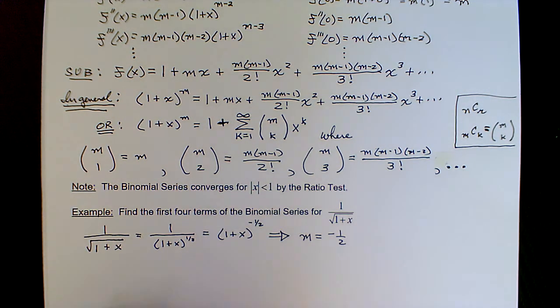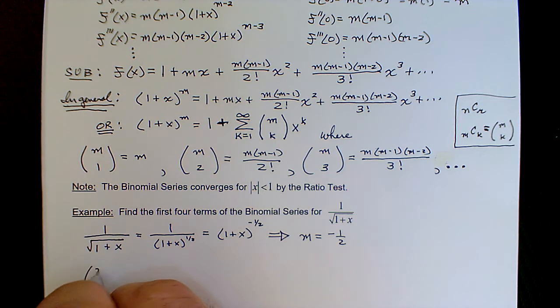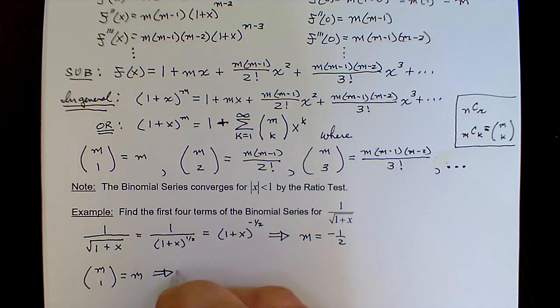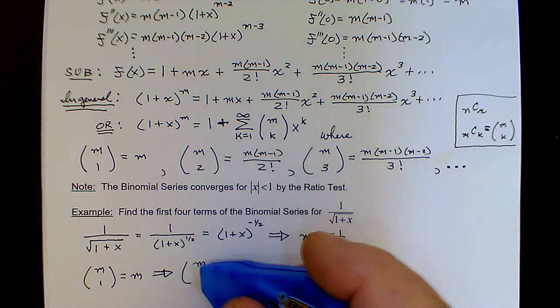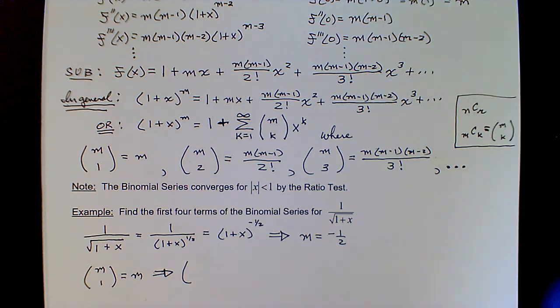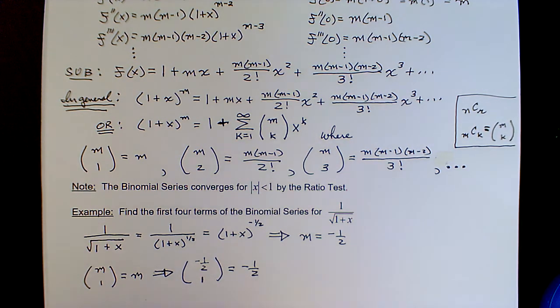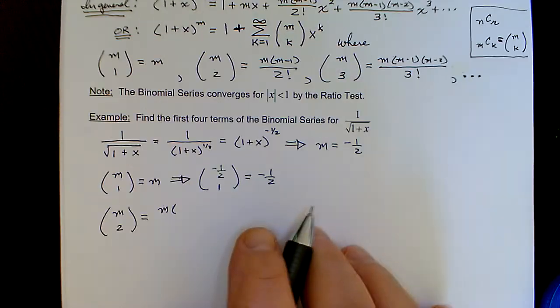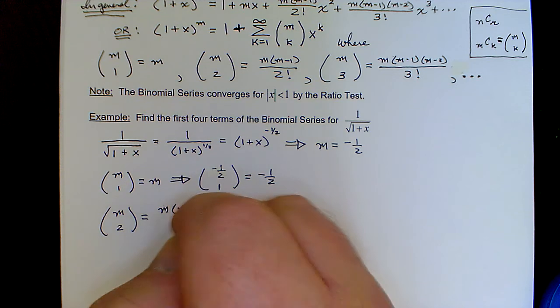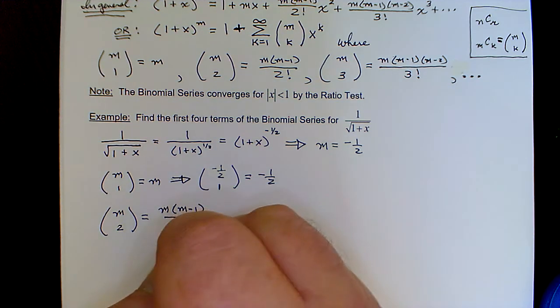coefficients. So let me be formal here, and I'll say m choose 1 is m. So that implies that negative 1/2 choose 1 is just negative 1/2. m choose 2, by definition, is m times m minus 1 over 2 factorial.